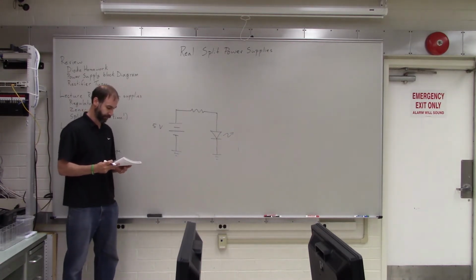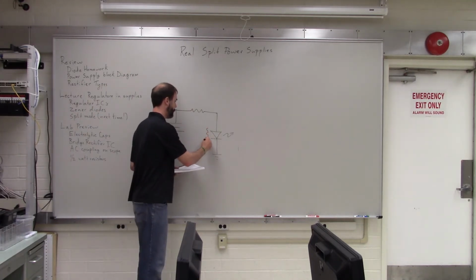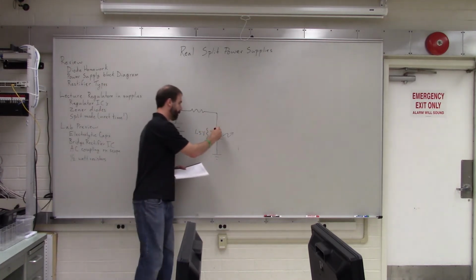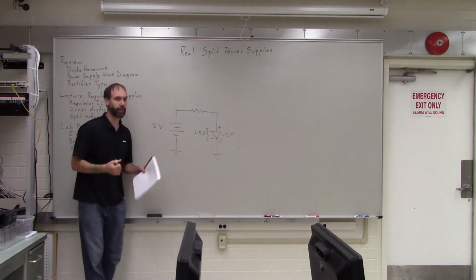We're going to assume that the LED has a voltage of 1.5 volts across it when it's forward biased. This is a positive voltage there and a negative voltage there, so it's forward biased.